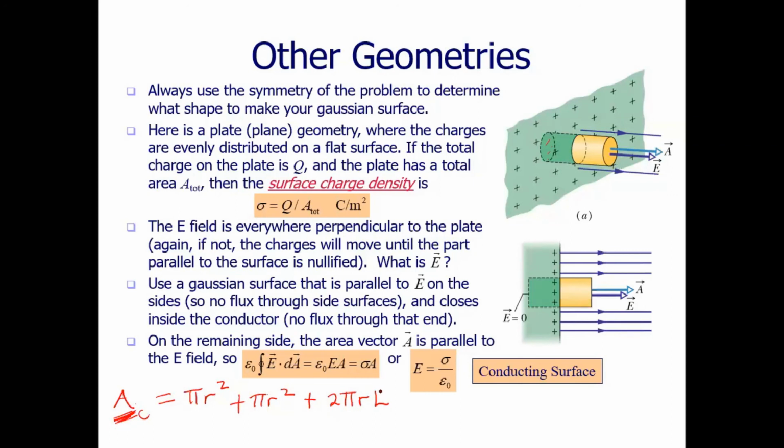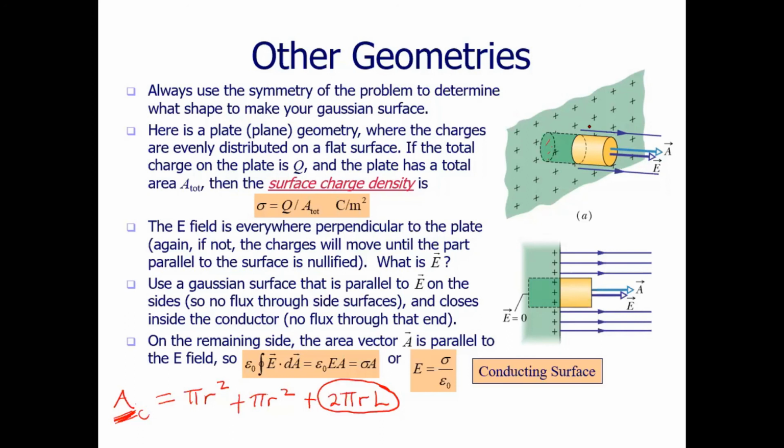Now, if you look at the surface area here, are the electric field lines passing in the curved area? Do we have any electric field line passing through the curved area? We don't, right? No, we don't have any.